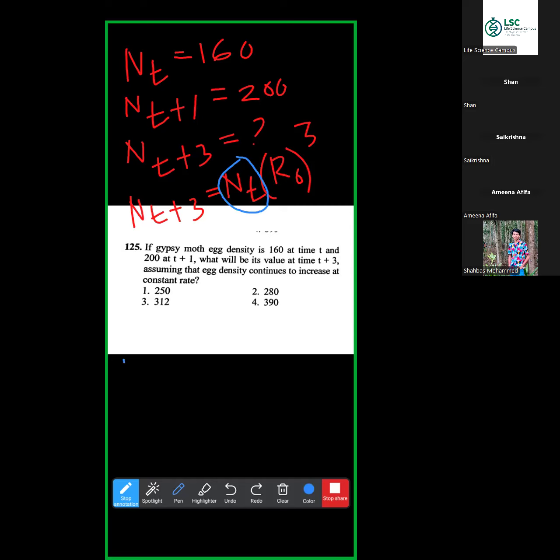So we know that NT plus 1 is NT into R0 raised to 1.